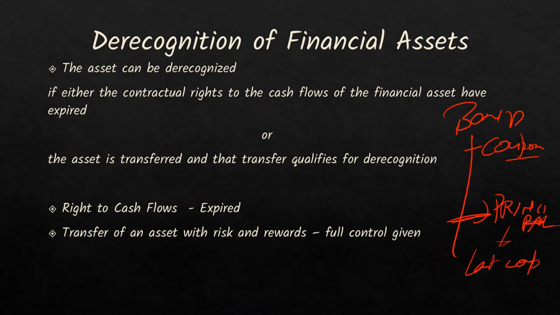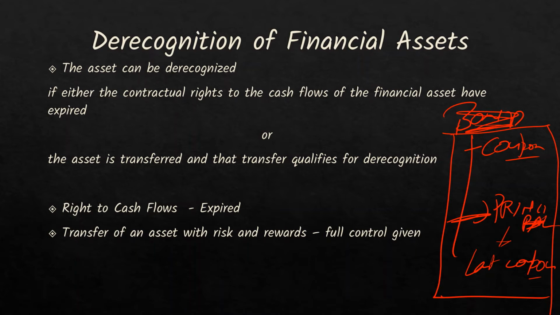When you have received everything you were supposed to receive, when you have all the cash you were supposed to get, and you have no right to get more cash out of that asset, then you need to derecognize the bond because it has no value. Why show something with a zero value? You have invested money, you got the coupons, you got the principal, and now it has no value.